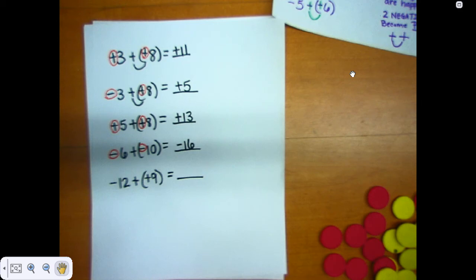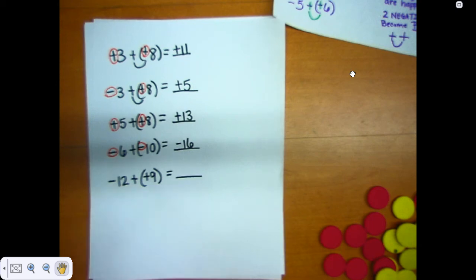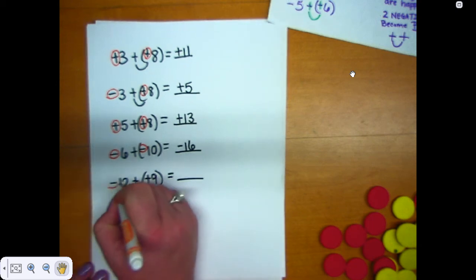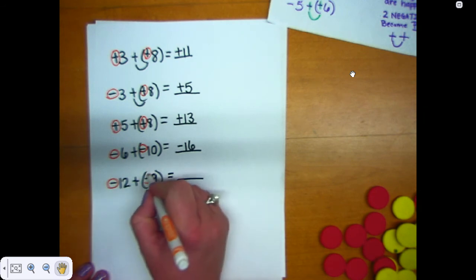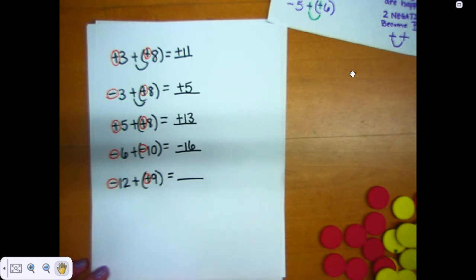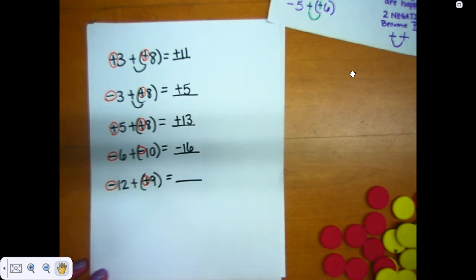You need to hear me singing in your mind. I saw the sign and it opened up my eyes. I saw the sign. Circle those signs. I have a negative and I have a positive. My signs are different. Different means difference, which means to subtract, right?